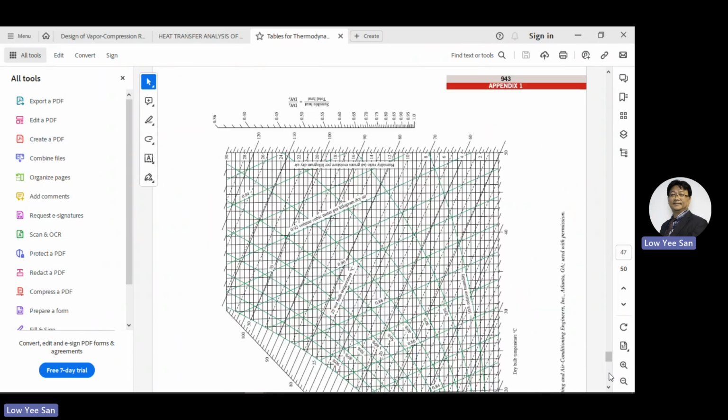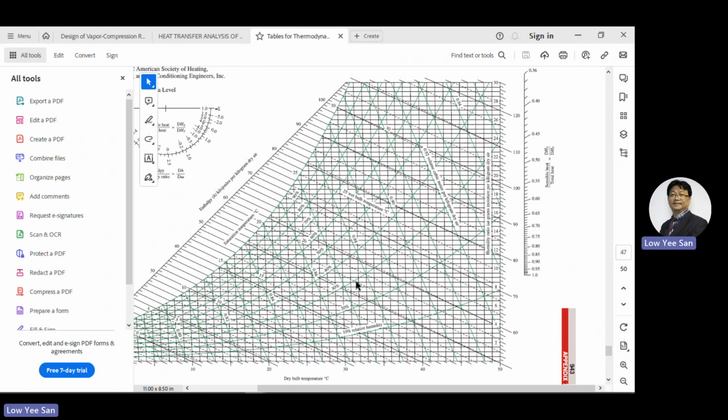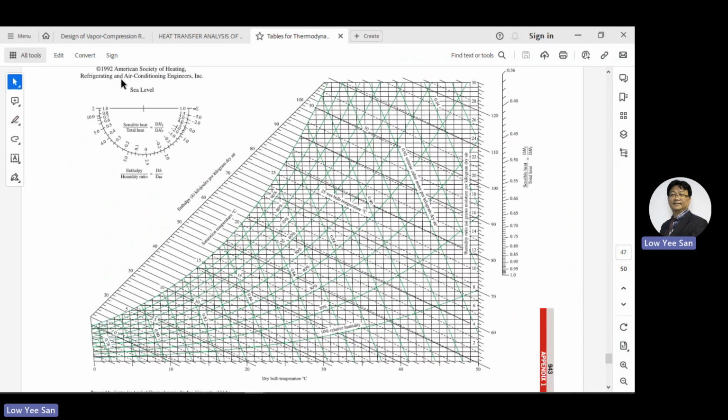This is a psychrometric chart. Not sure if it's clear or not. This is relative humidity 70%. Your dry bulb temperature, let's say 30, you go up.